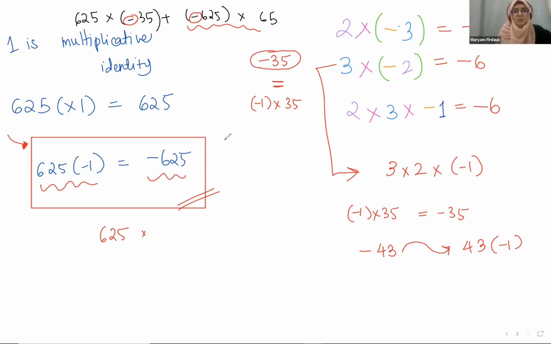So what we need to do is basically shift this negative sign over to 625. We need to say, well, Mr. 35, can you please give me your negative, so that I can shift it to 625, because that's not going to really make a difference in your value, right?